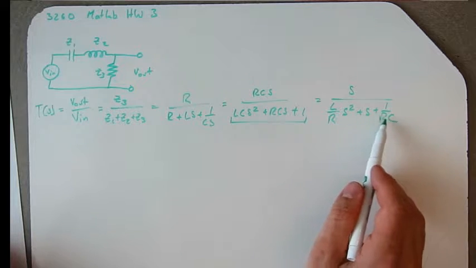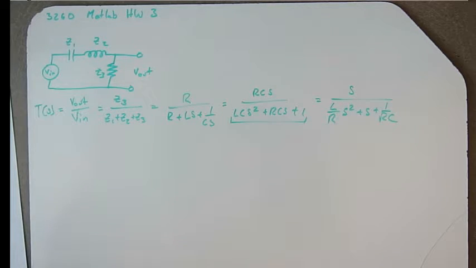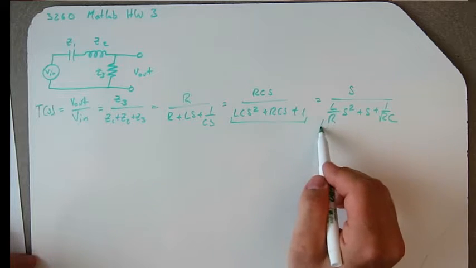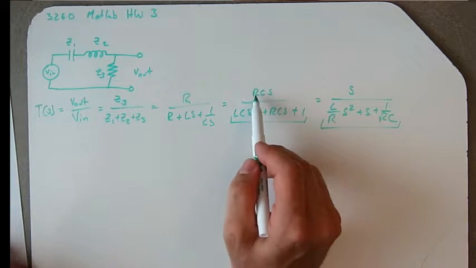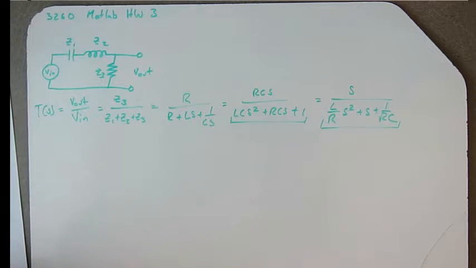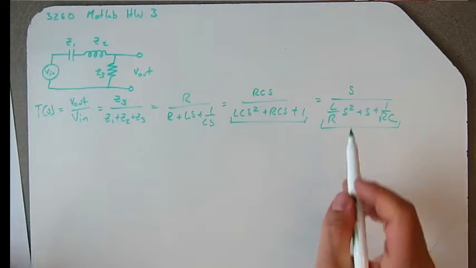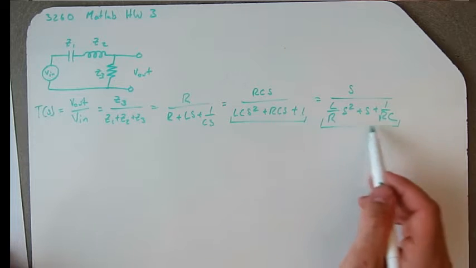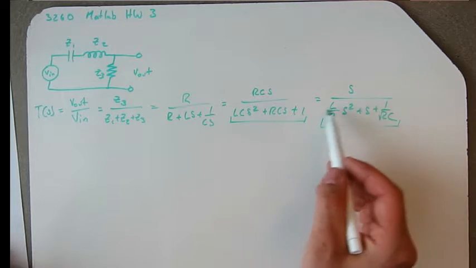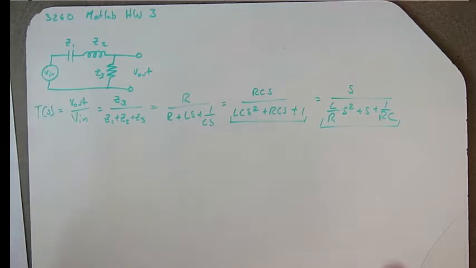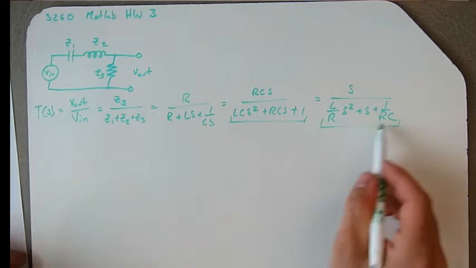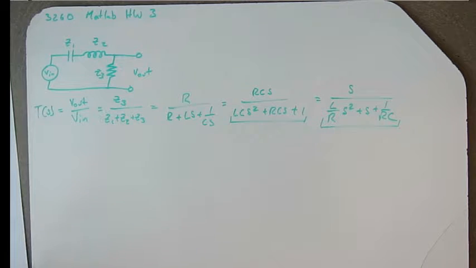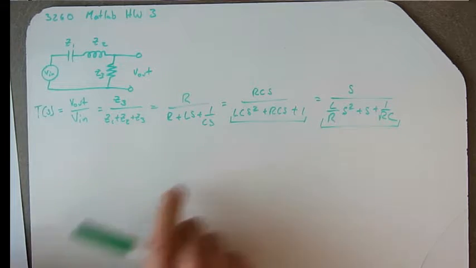I still want an s squared and an s here, but this has the same roots as this, even though you moved an RC from the numerator into the denominator. You're just multiplying by a constant. Anyways, it has the same roots. So as long as you have s squared and s, and then a constant in the denominator, and you solve for the roots, you're going to get the same answer whether the denominator looks like this or like that. Cool.